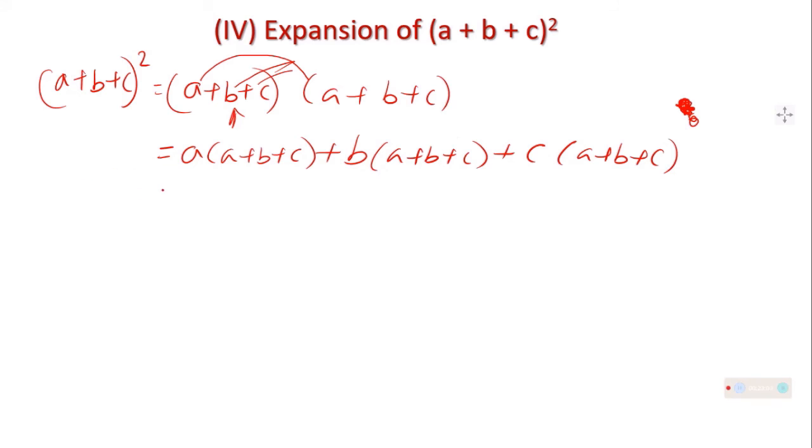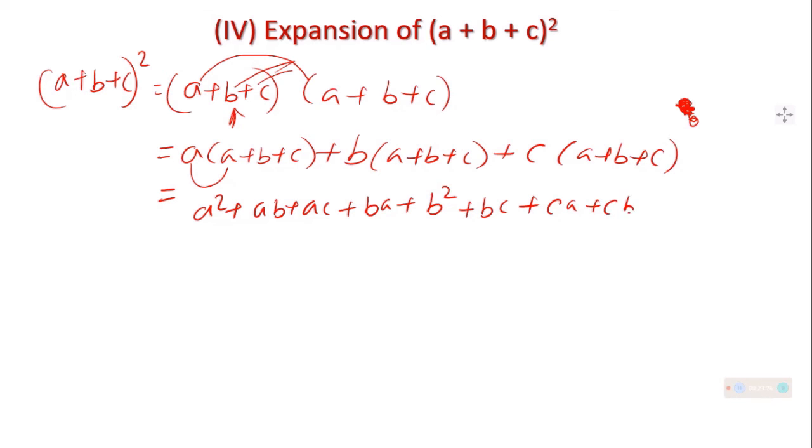तो क्या होगा नेक्स्ट इसमें a into a square plus ab plus ac ब्रैकेट हट गया प्लस ba plus b square, okay, plus bc plus ca plus cb plus c square. इसमें स्क्वायर वाला है a² b² c² हमको दिखते हैं, उसको हटा देते हैं, a² प्लस b² प्लस c².